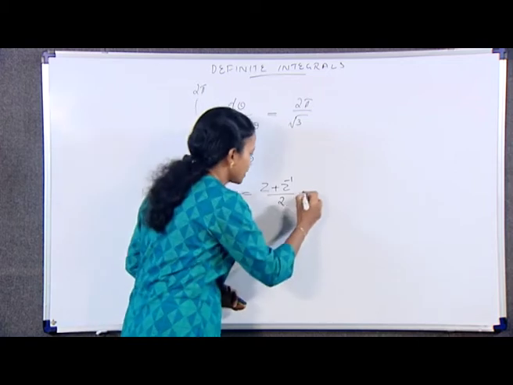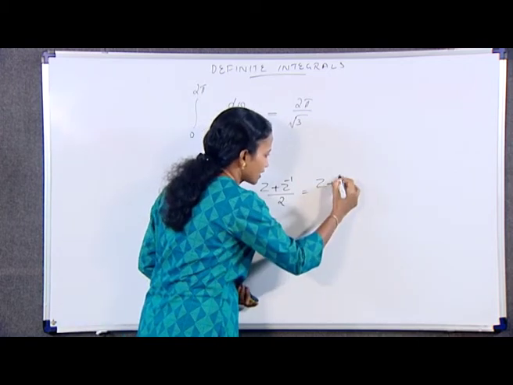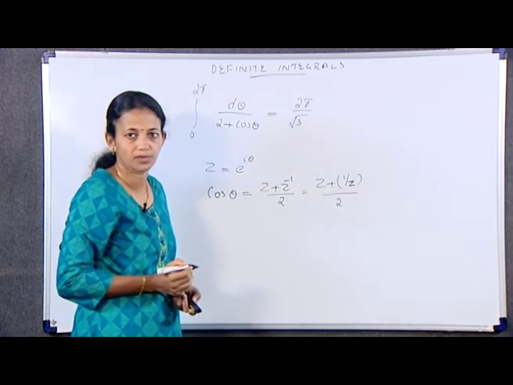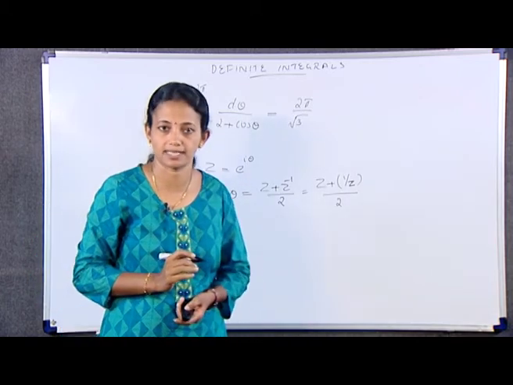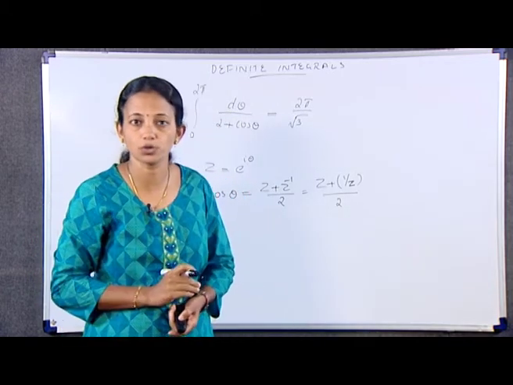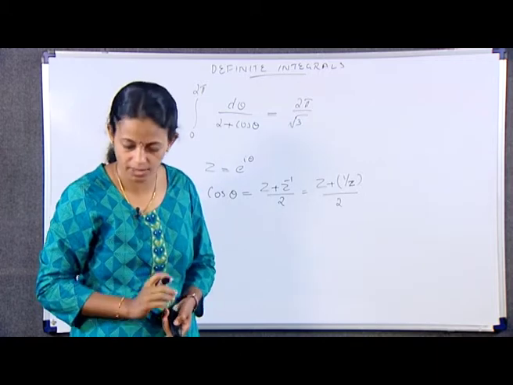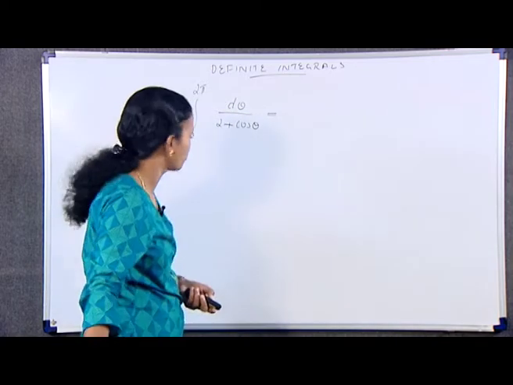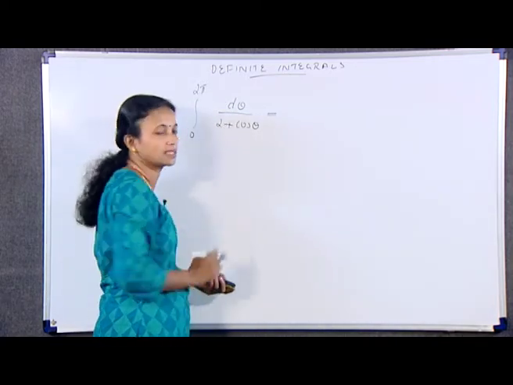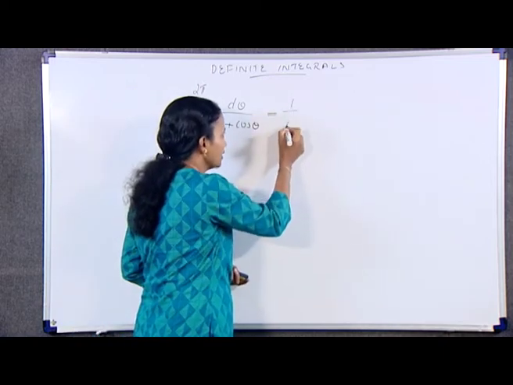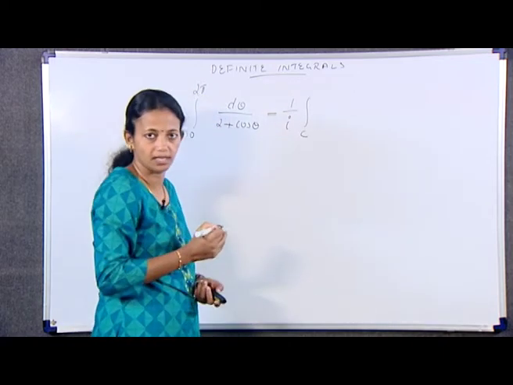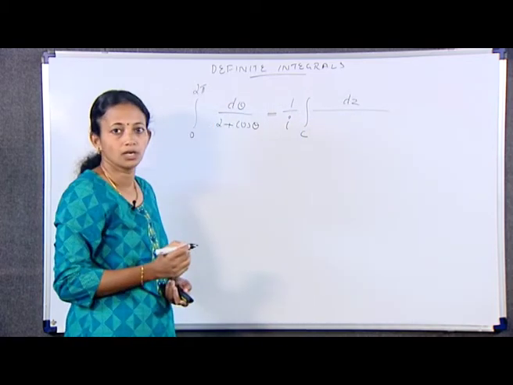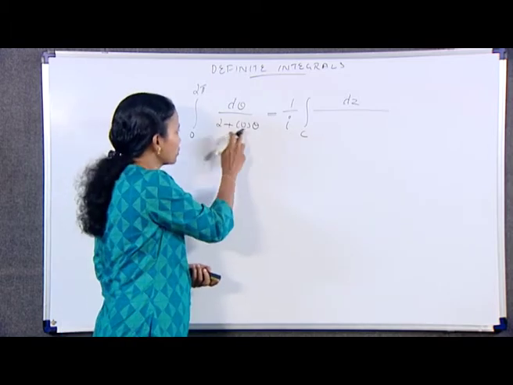This I can write as z plus 1 by z divided by 2. And d theta is equal to dz by iz. Therefore, integral 0 to 2 pi d theta by 2 plus cos theta can be written as 1 by i integral over C dz by z into, here we have 2 plus cos theta.